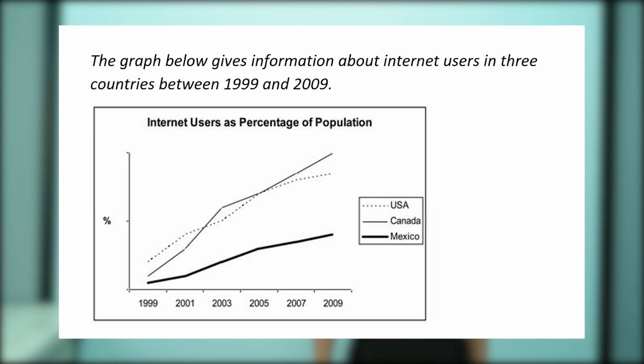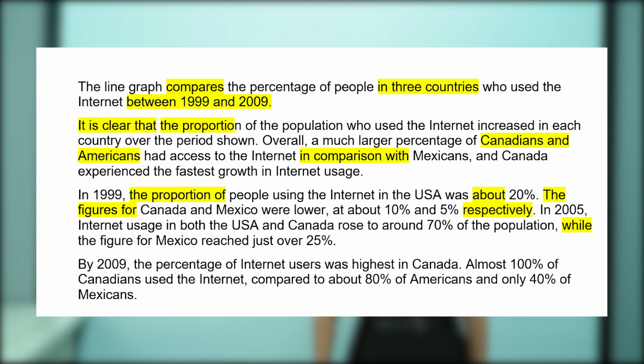So let's start analyzing. So now you have some time to read our introduction. So our introduction is: the line graph compares the percentage of people in 3 countries who used the internet between 1999 and 2009.